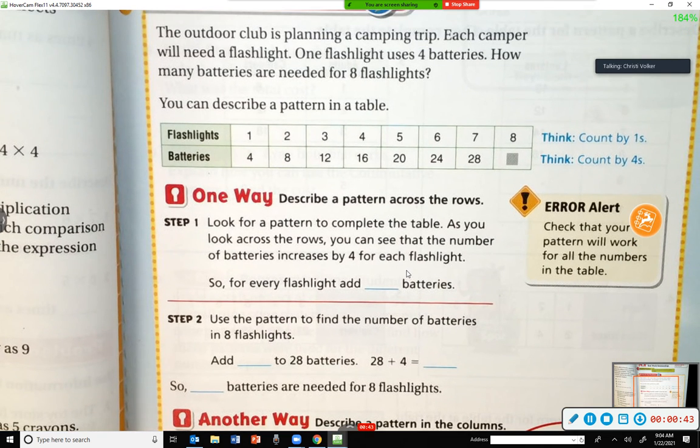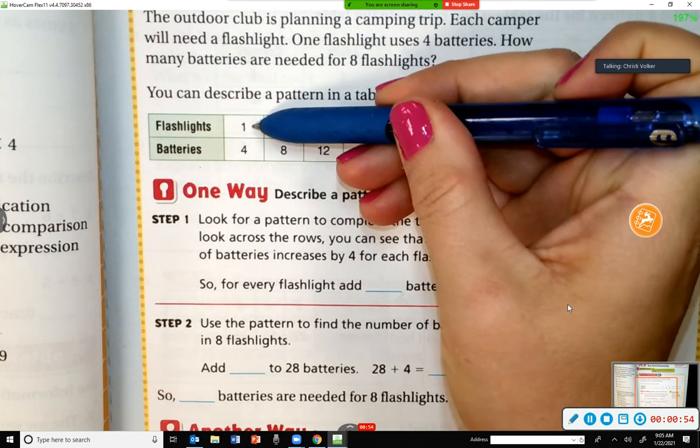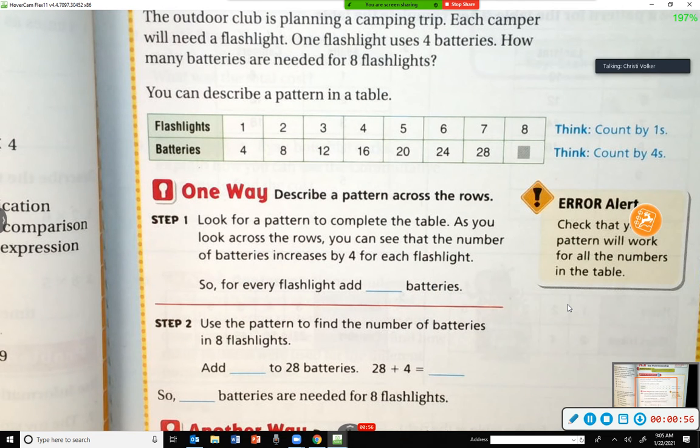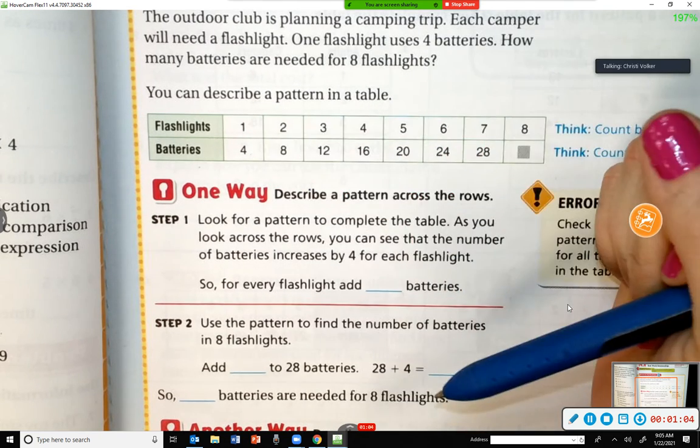So first, what we need to do is find the rule, just like we did yesterday. Okay, so let's look at the rule between flashlights and batteries. What is happening between the 1 and the 4? What could we say?